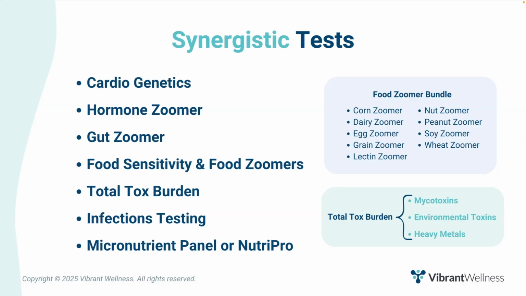Or the total tox burden test to investigate heavy metal, environmental toxin, or mycotoxin exposure that's contributing to inflammation. Or any of our infections testing, including tick-borne diseases or the viral infections test to uncover pathogenic drivers of inflammation. And finally, the micronutrient panel or NutriPro to optimize nutrient and antioxidant status in your patients.